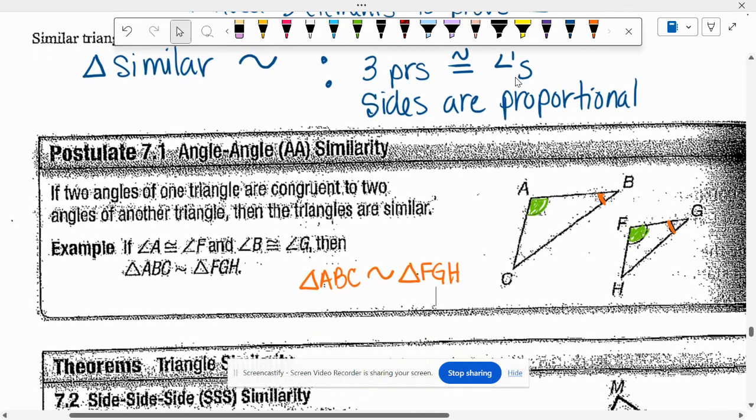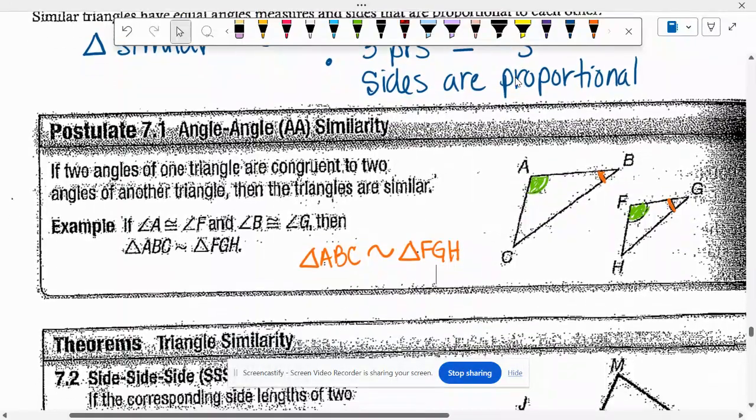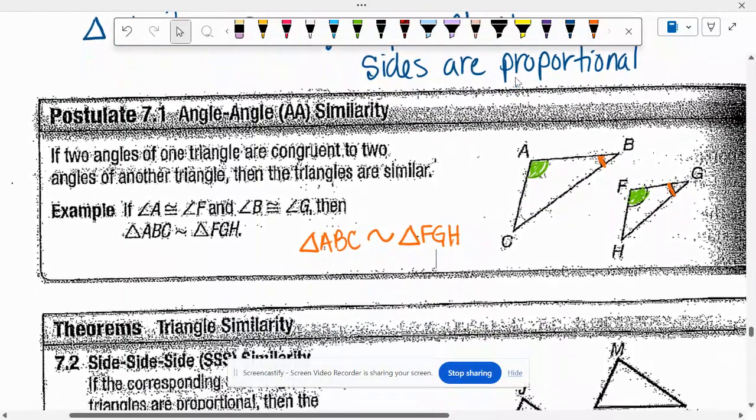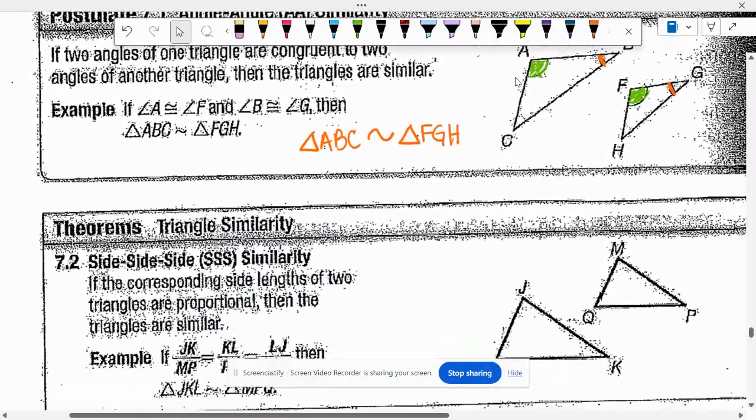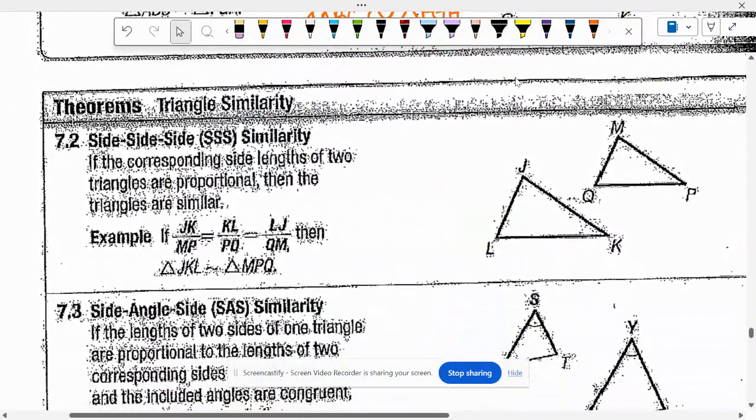Okay. We also have side similarity. Not just side congruence, but side similarity. So remember the rule about if triangles are similar, their sides just have to be proportional. So segment JL corresponds to segment MQ.